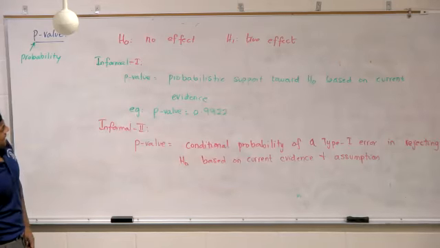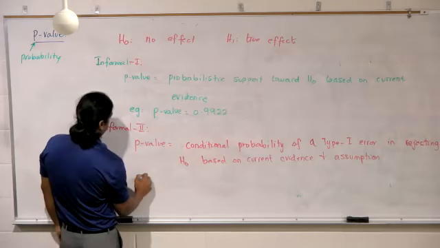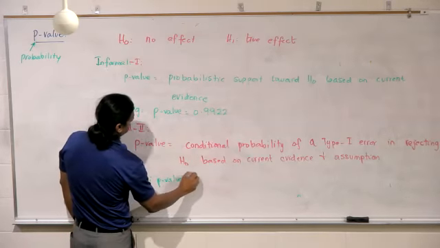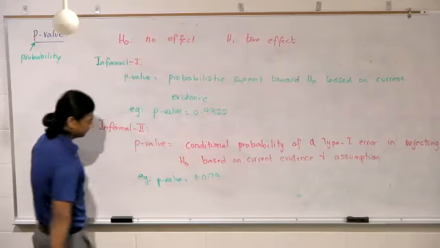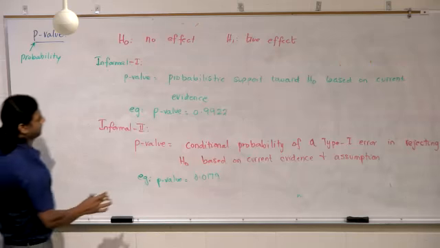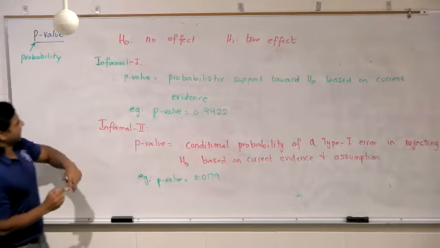So let's say I have a value of 0.0179. Probably make a note here.